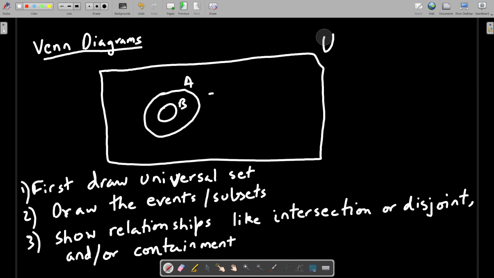If there is an intersection, you draw it like this, with some slightly overlapping. If there is no relationship between them, then you draw them separately. Okay, clear? Let us see one exercise on this and then we are done for the day.